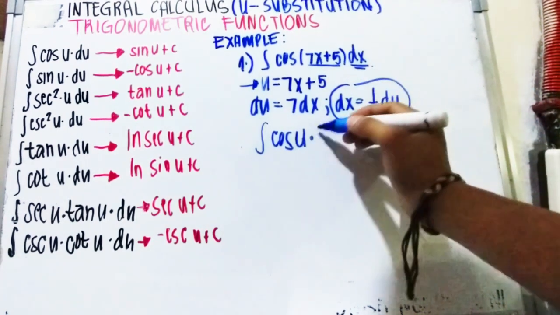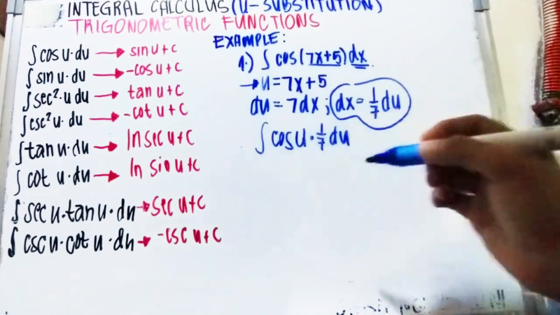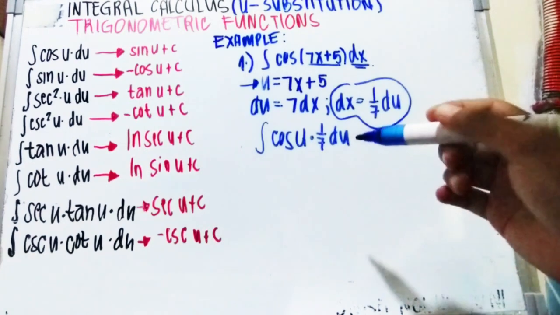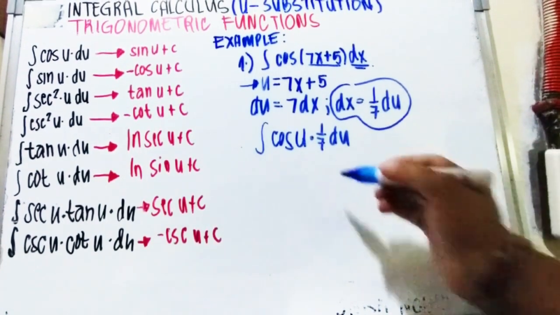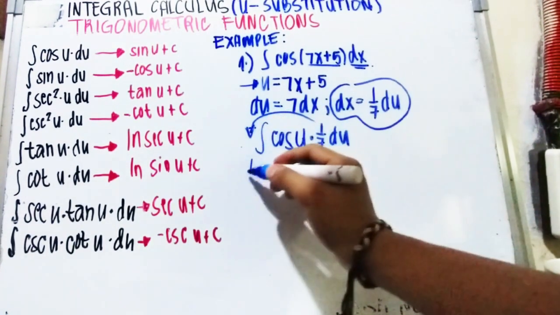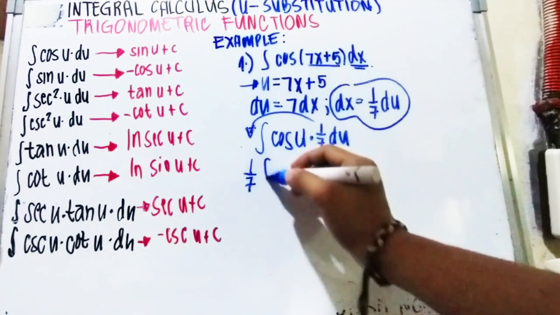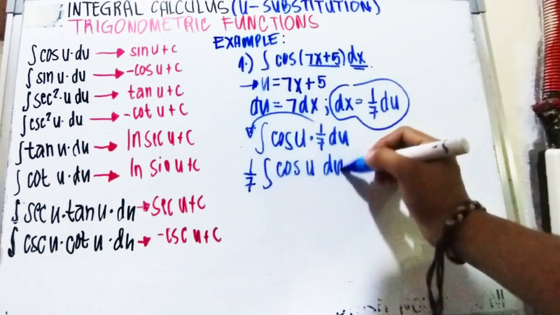Therefore, times 1 over 7 du. I-apply natin yung mga previous property natin. Constant, pwede nating mapalabas. Magiging 1 over 7 integral of cos u du.